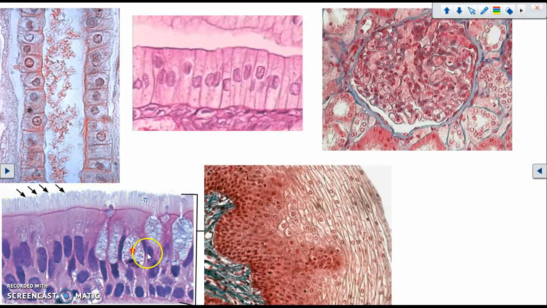This is quite interesting. What happens, folks, is this part, the goblet cell, creates mucus. And the purpose of the cilia, if you think about it, is this: where does most mucus come from? Most mucus comes in your respiratory passages, correct? The cilia have two main functions. One, they trap foreign objects, debris and bacteria, but they also trap mucus.